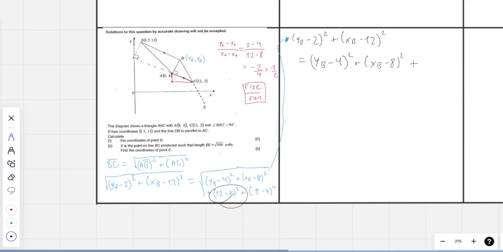And we could simplify this 12 minus 8 squared as 4 squared plus 2 squared. It's just 16 plus 4. That's 20. I mean, with this, I only have one equation with two variables, so it kind of makes it tough for us.